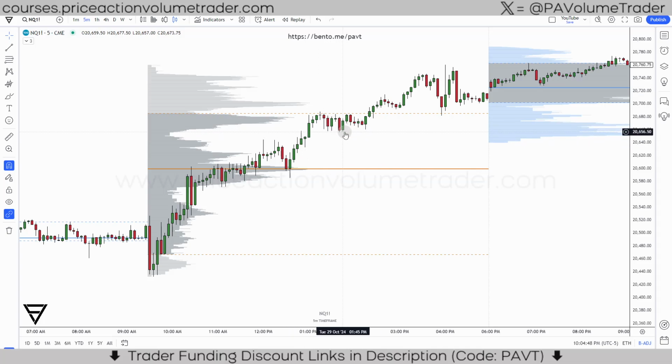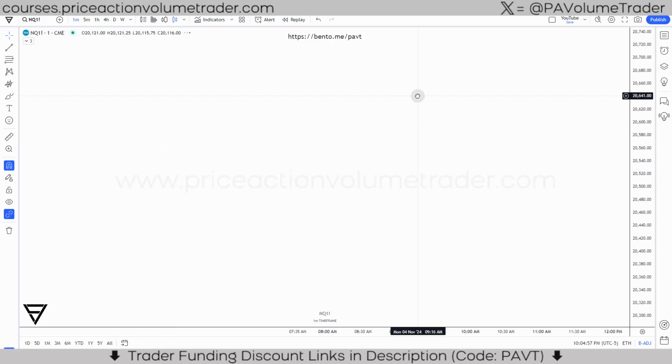breakout strategy, this is the 5-minute chart. Let's just go into the 1 minute. This is 29 October.